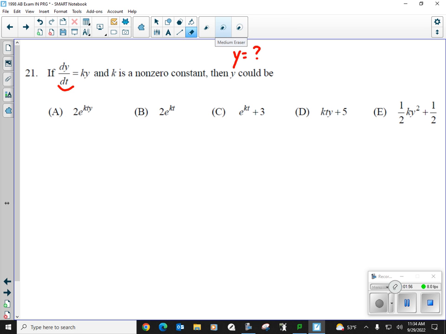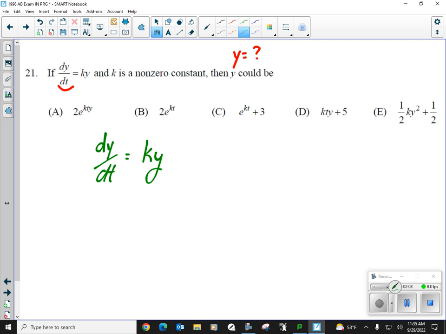So I'm going to set this up as follows. I have dy/dt equals ky. Now, k is a constant. It's 5, 7, -2, as long as it's not 0, because if it was 0, on the right side, 0 times y would just be 0. It'd be good to go.